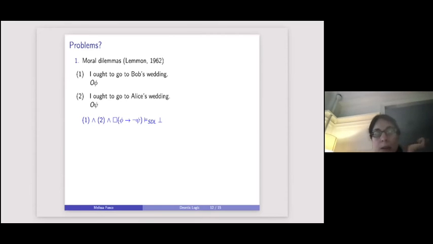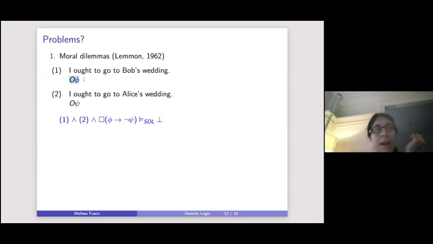So it just is impossible for me to go to both. I might say, well, I did accept the invitation to Bob's wedding, so at least in that sense, I ought to go to Bob's wedding. I also accepted the invitation to Alice's wedding, so maybe it's also true that I ought to go to Alice's wedding.